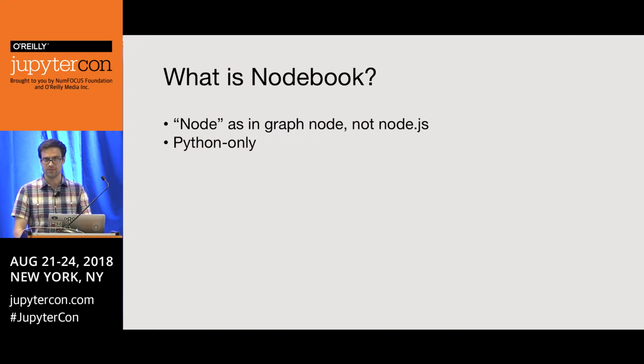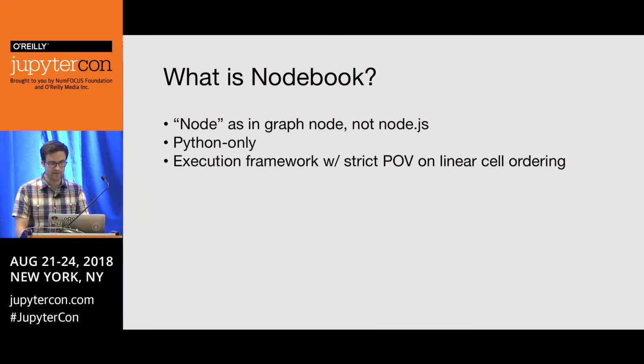It's Python only, so it plugs in fairly deep with Python. There's no reason why you couldn't implement these principles with another language, but that's not what I did here. The main thing that it is is an execution framework with a strict point of view on linear cell ordering, so that the execution of cells matches their linear presentation order.